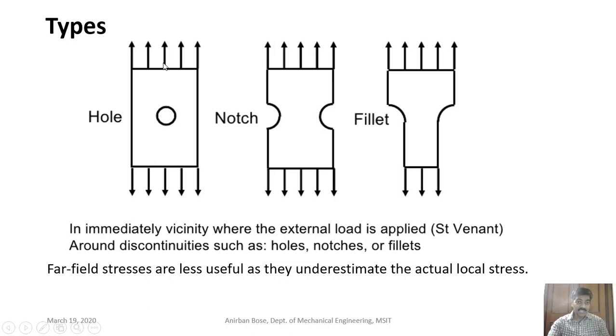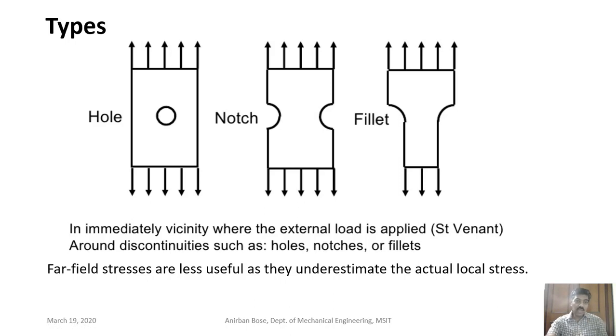Here you can see this particular section is far away from this hole, and here it is quite uniform, but very near to this hole the stress is quite a lot larger than this one. So this is what is called stress concentration. Because of these holes or notches or fillets, the maximum stress close to these sections is very high, and this is what is called stress concentration.